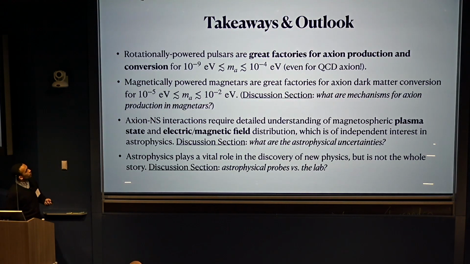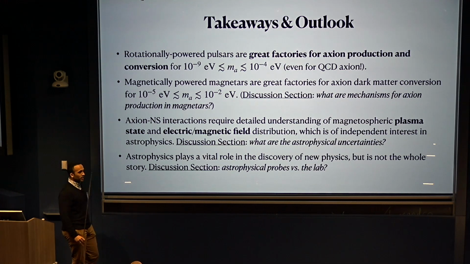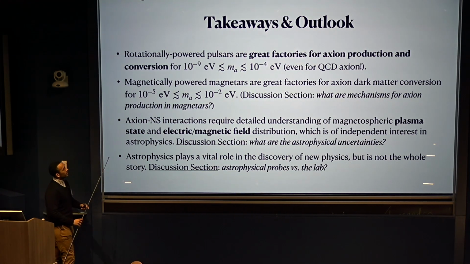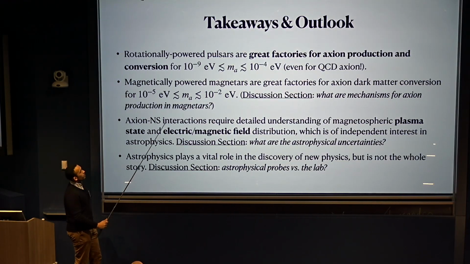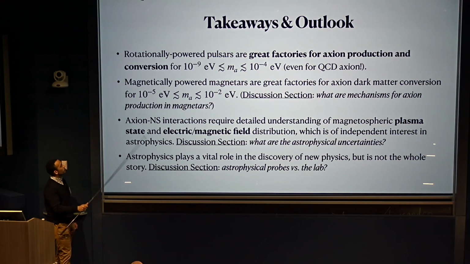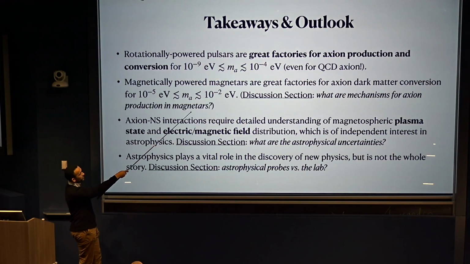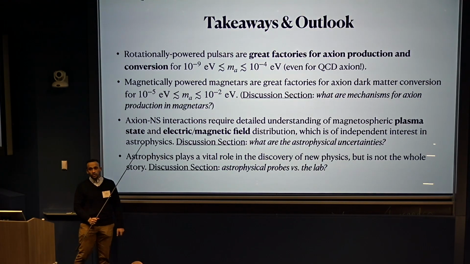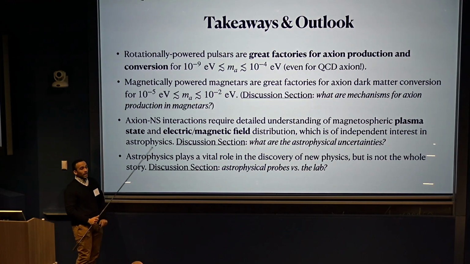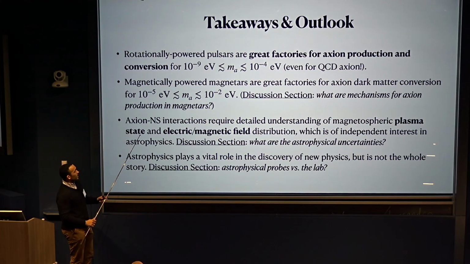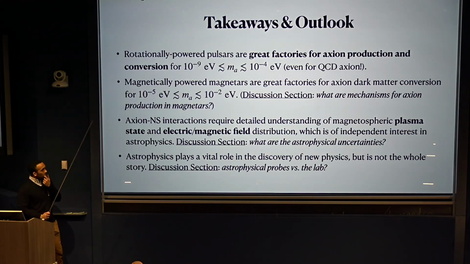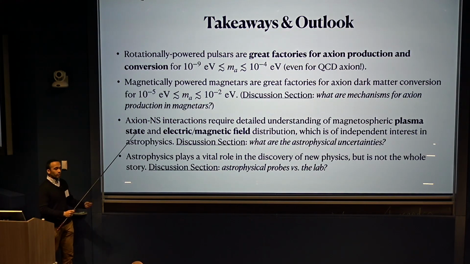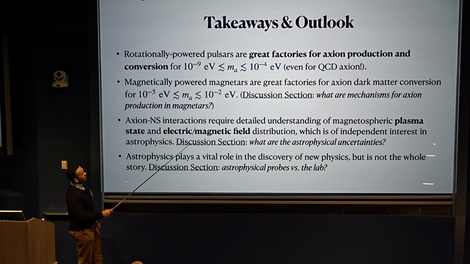And so just to conclude, and partly to advertise some of the topics that I'll discuss in my discussion section, we said that rotationally powered pulsars are great factories for axion production and conversion in roughly this range, and even possibly for the QCD axion. And pushing to higher masses, magnetars give us great prospects, but we really need to understand the astrophysics of magnetars better to break the modeling uncertainties.